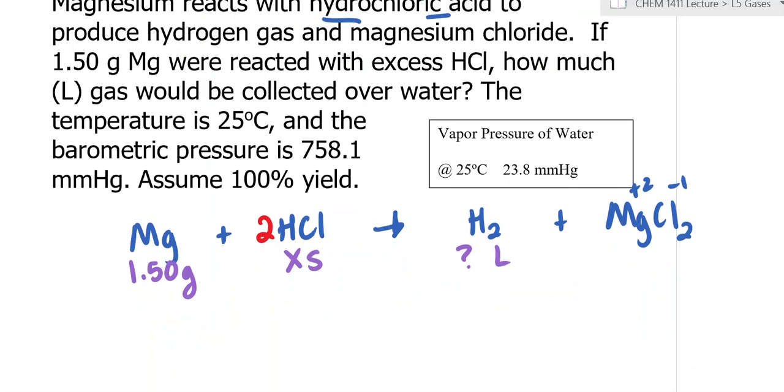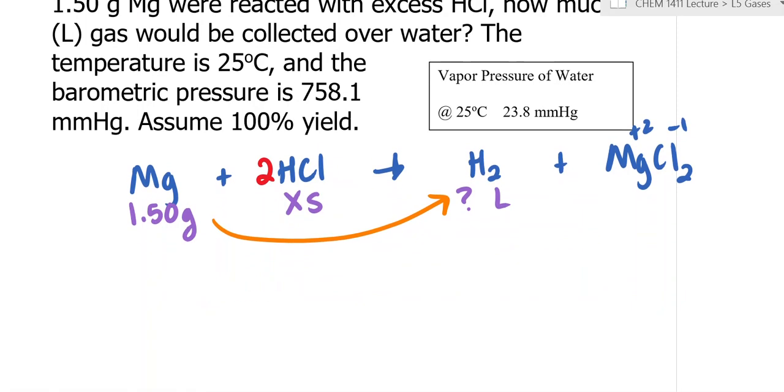Well, first we know we can do some stoichiometry to get from the amount of reactant to the amount of product. And we're going to go to just moles because PV equals nRT has moles in it. So our first step is just the stoichiometry.